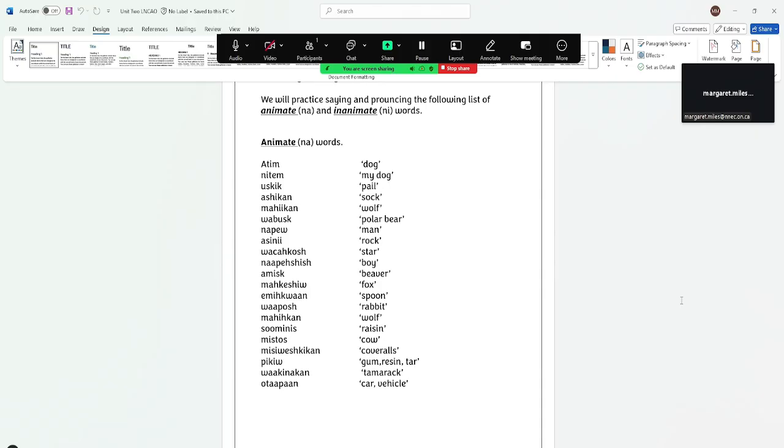Same with a cup: you would not say peso minikwagan, but you would say beta minikwagan. You would not say peso jagit, but you would say beta jagit. So these are examples for animate and inanimate.